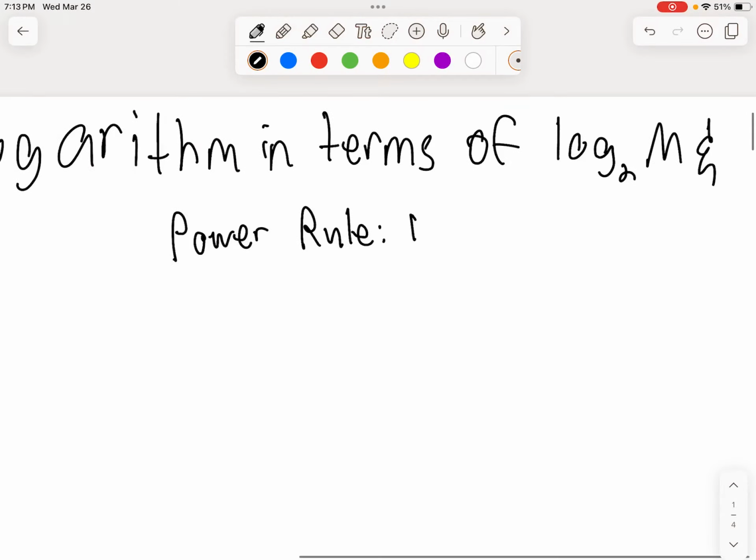Say we have log base A of B to the power of C. Oh, also I should have specified, this goes off the assumption that you know the basic idea of what a log is: base, answer, power.